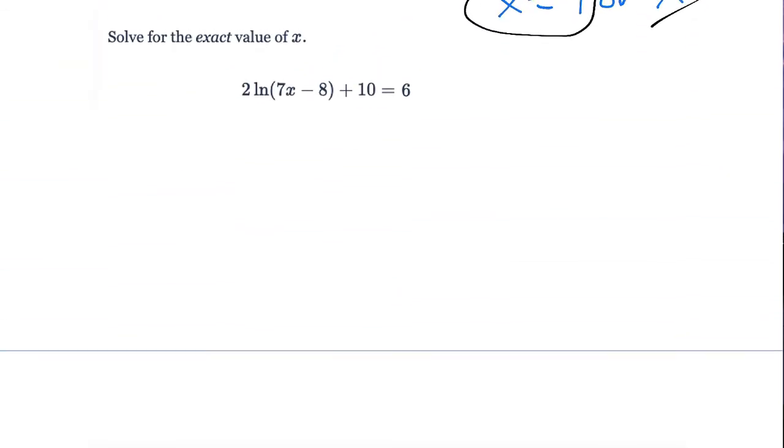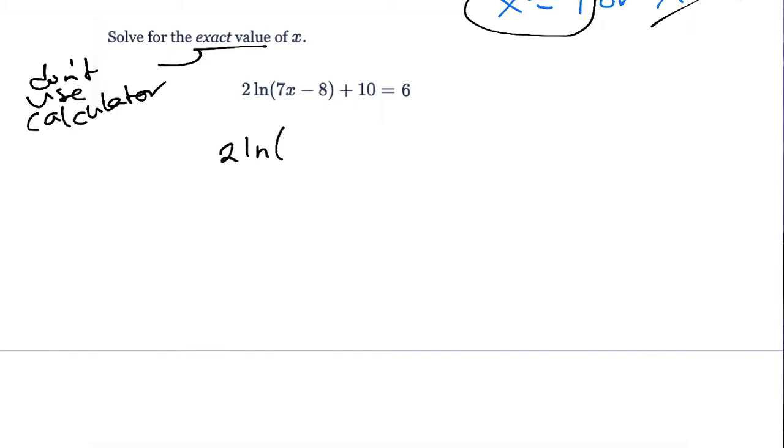Last one here, solve this one and find the exact value, which means don't use a calculator. That's all that really means. So if I were doing this, I'd say, okay, let's clean this up a little bit. 2 natural log of 7x minus 8 is equal to, subtract 10, negative 4.